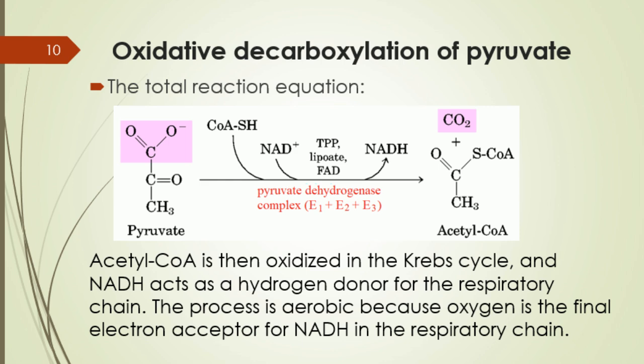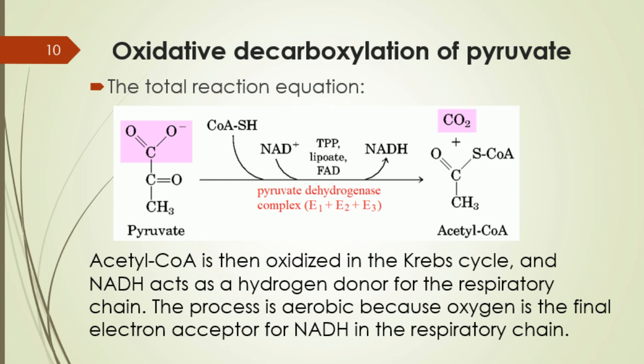The remaining three coenzymes, TPP, lipoate, FAD, return to their original form at the end of the reaction and are shown above the arrow as a necessary reaction condition. The right side of the equation shows the reaction products: acetyl-CoA, carbon dioxide, and NADH.